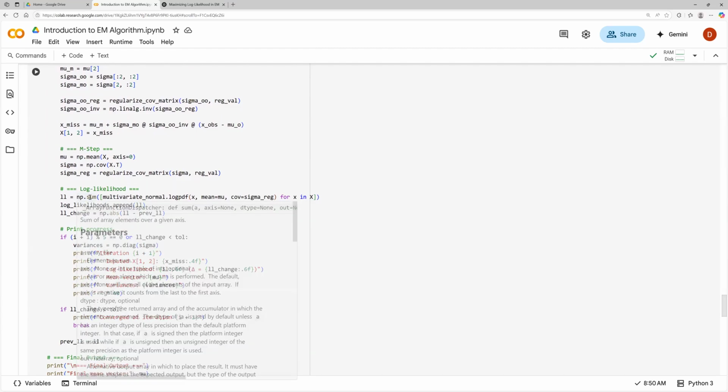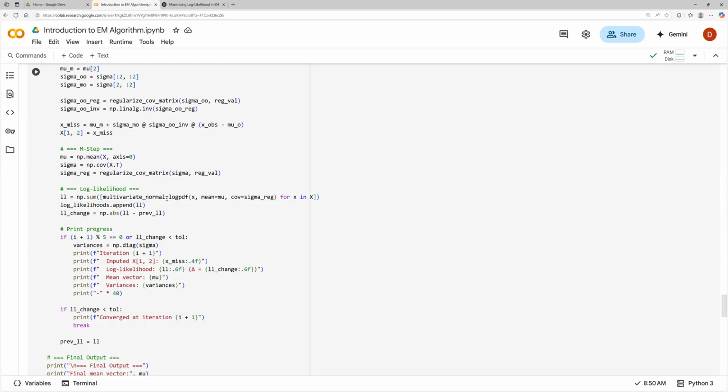We take this np.sum because we're taking the log likelihood: multivariate normal log PDF, which we get from SciPy, x, mean equals mu, covariance equals sigma, for x in X. So this is the little xi. That's how you would translate it.